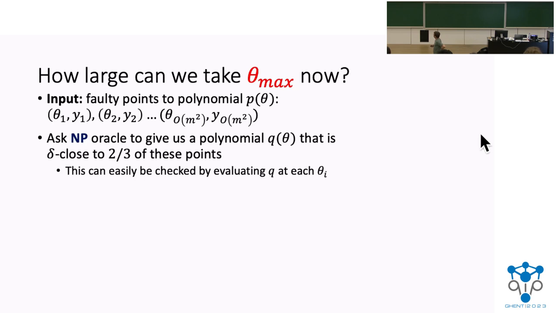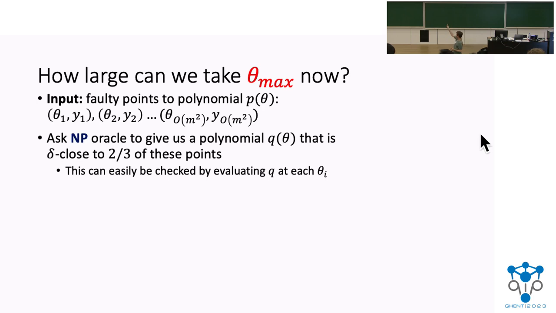The reason this is an NP problem is that it's easy to check that a polynomial the oracle gives us is close to 2/3 of these points. How do we do it? Well, we simply evaluate q, the polynomial that the NP oracle gave us, at each of these points and make sure they're delta close at 2/3 of them.